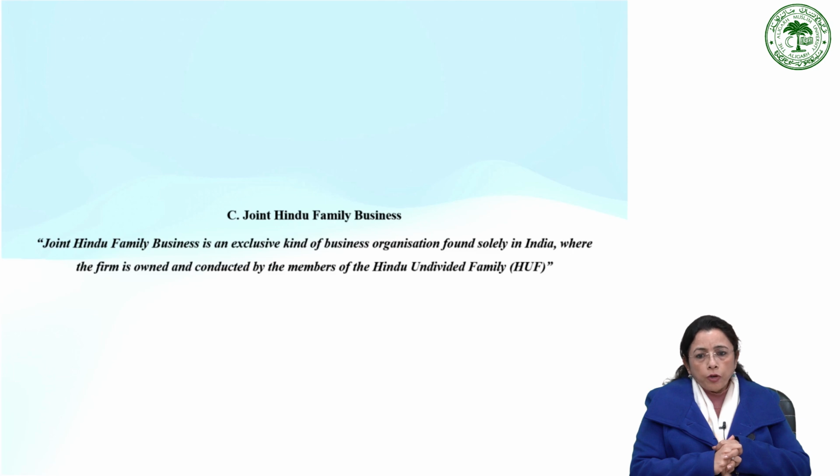Firstly, the presence of ancestral property is required, and secondly, a minimum of two male members must be present within the family. In one school of thought, the daughters cannot join the business, but the other school of thought allows that.